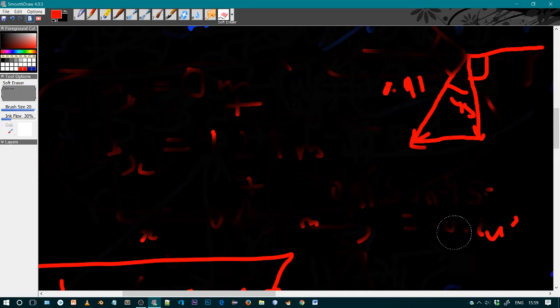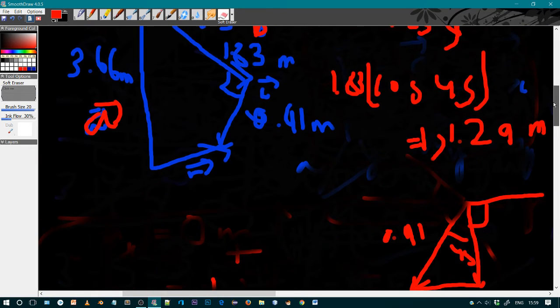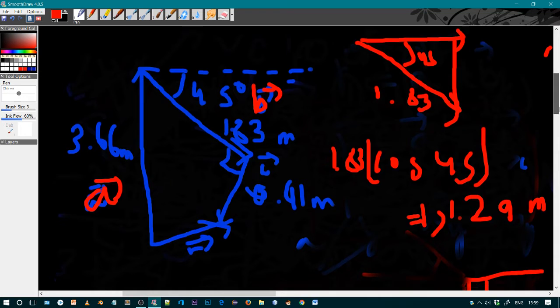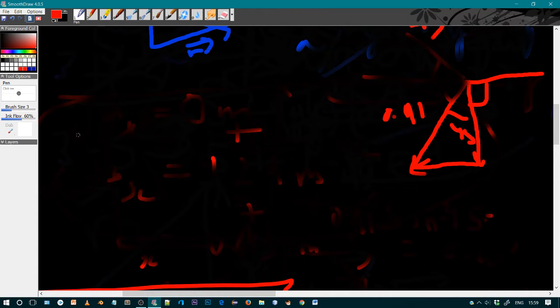So let's get started. My resultant y value for this 3.66 meter will be 3.66 meters because our x value was 0, so this would obviously be 3.66 meters.